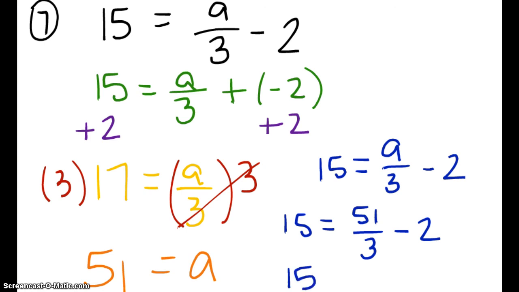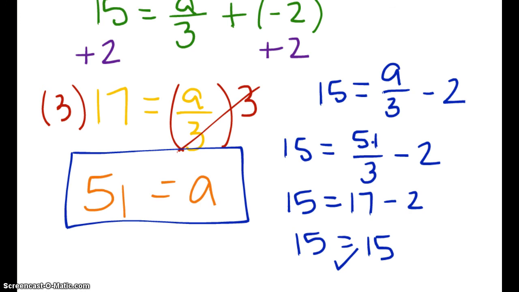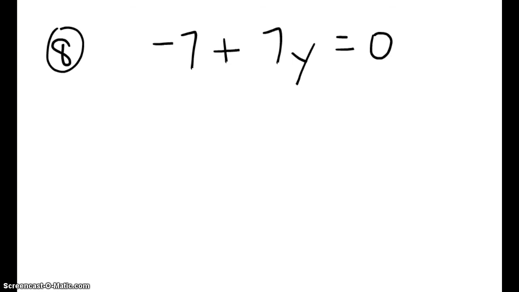So 15 equals 51 divided by 3 is 17 minus 2, or plus 2 negatives. So 15 has the same weight as 15. Yes, we were correct. Our solution is a equals 55. I mean 51.